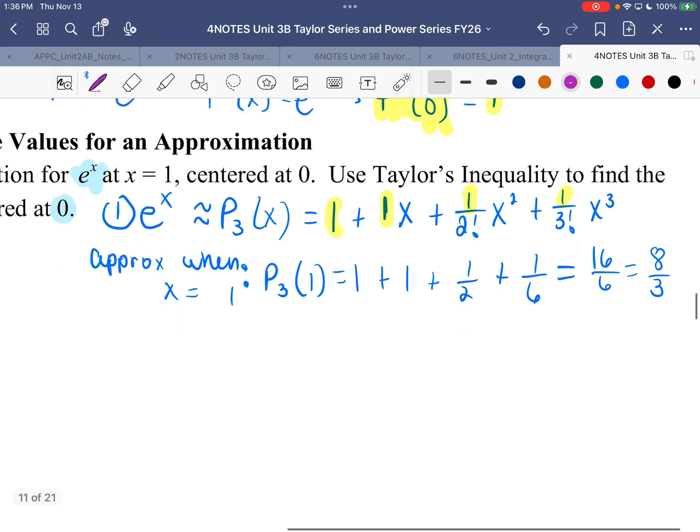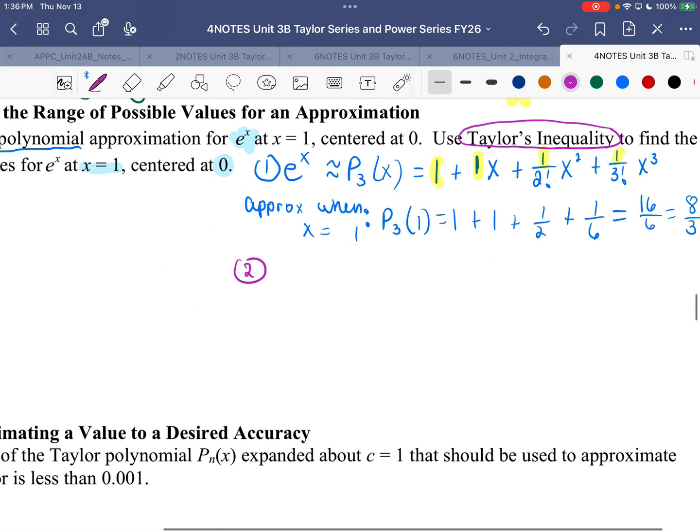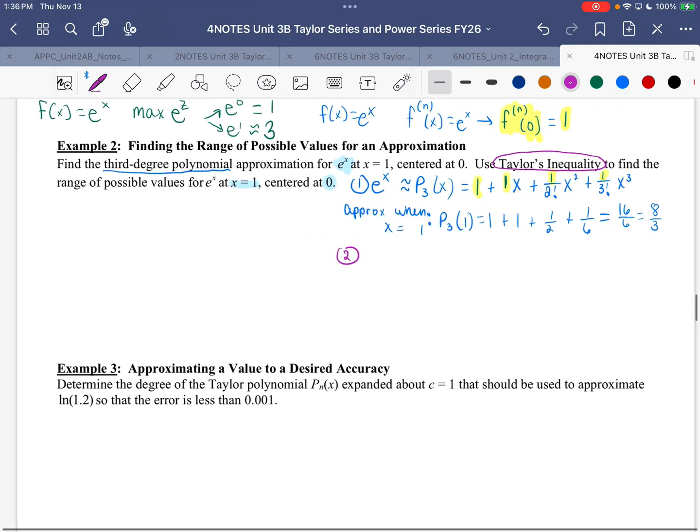Keep me fresh. So then the next thing we're going to do is try to figure out our remainder. We're trying to do the Taylor inequality. I should probably mention what that means. So the Taylor inequality is what we'll do on step 3.